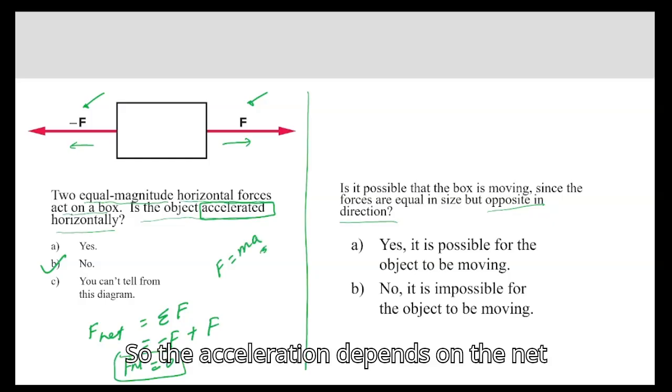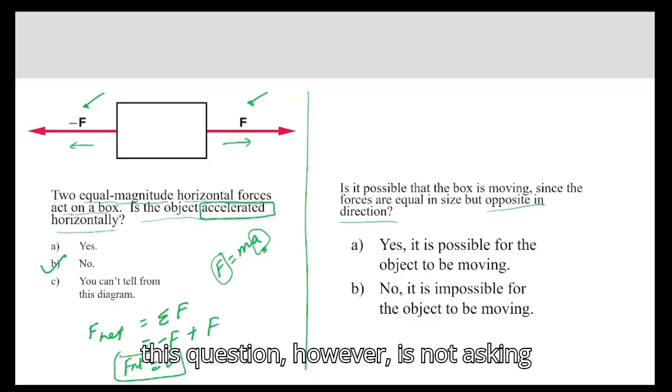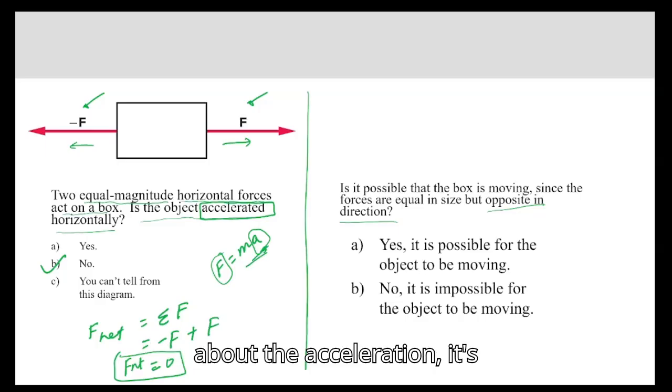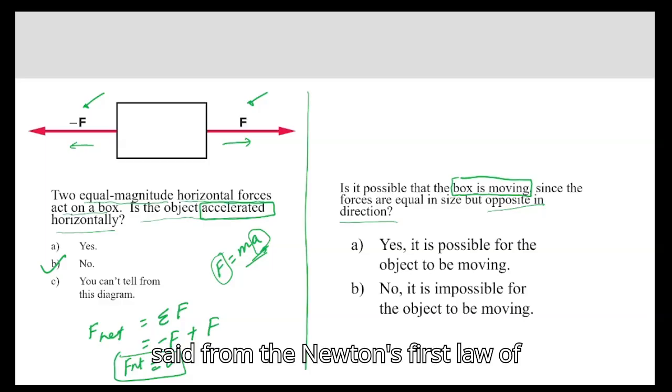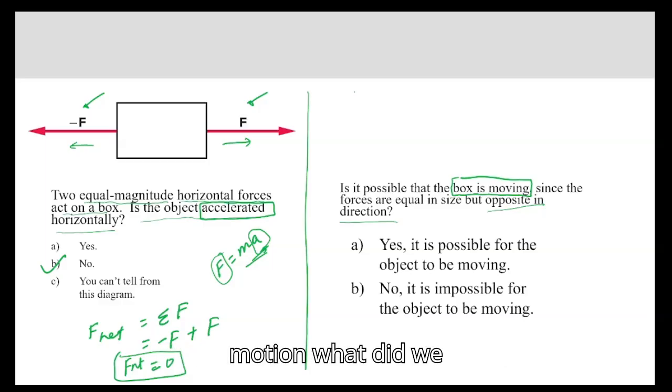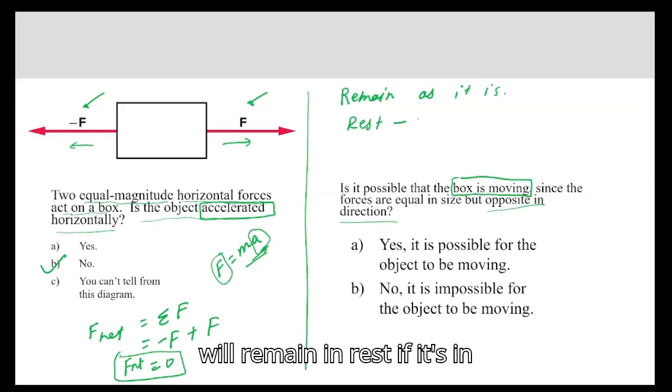So the acceleration depends on the net force, and this question, however, is not asking about the acceleration. It's asking us whether a box is moving. And as we said from Newton's first law of motion, what did we say? The object will remain as it is, meaning if it's in rest, it will remain in rest.